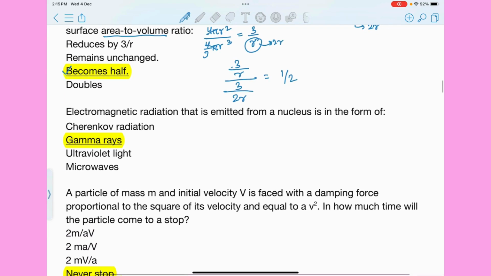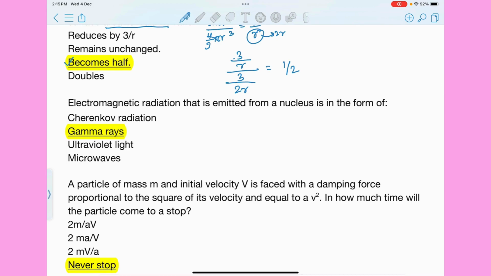Let's move ahead. Electromagnetic radiation that is emitted from a nucleus is in the form of... Electromagnetic radiation is made up of interacting electric and magnetic fields, but the ionizing radiations which come from the nucleus are due to the unstable ratio of the protons and the neutrons.